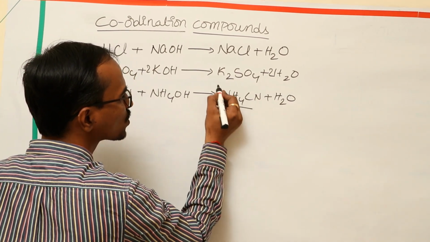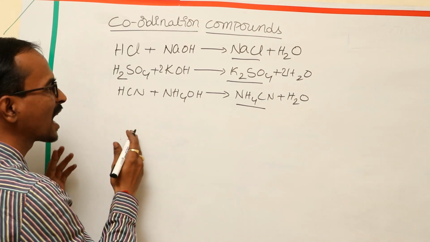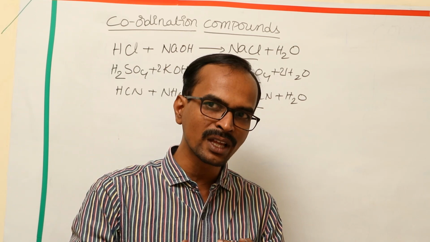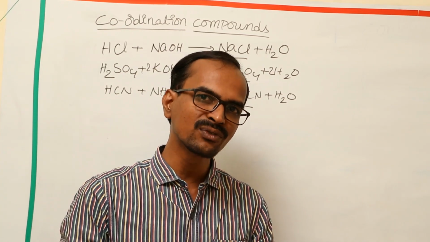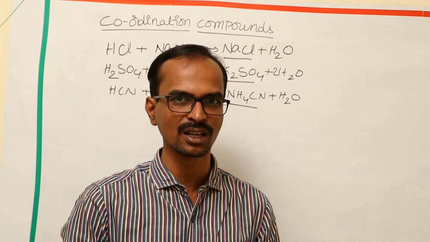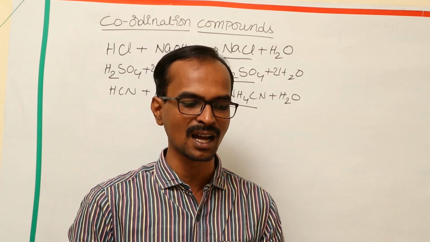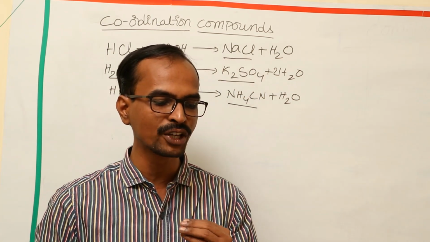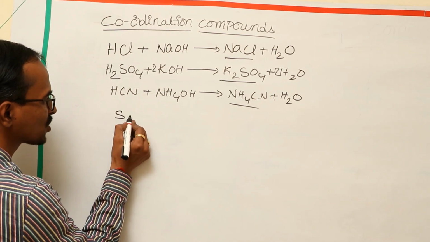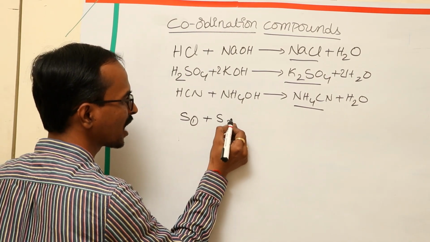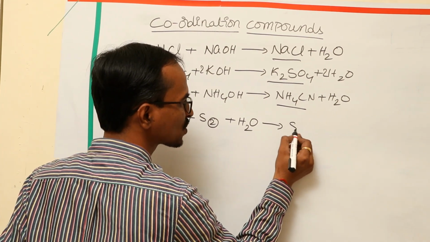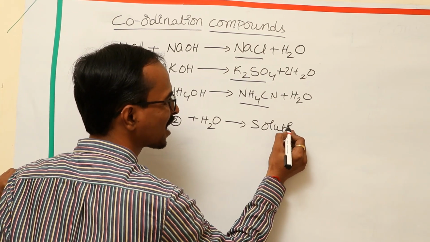Whatever salts are formed by the reaction of an acid with a base, if we mix two or more of these salts with one another, dissolve them in water and evaporate the solvent, we will get some crystals. The crystals so formed are called addition compounds or molecular compounds. Let us take an example. Salt 1 and a second salt are dissolved in water, and water is evaporated from the resulting solution of two different salts.